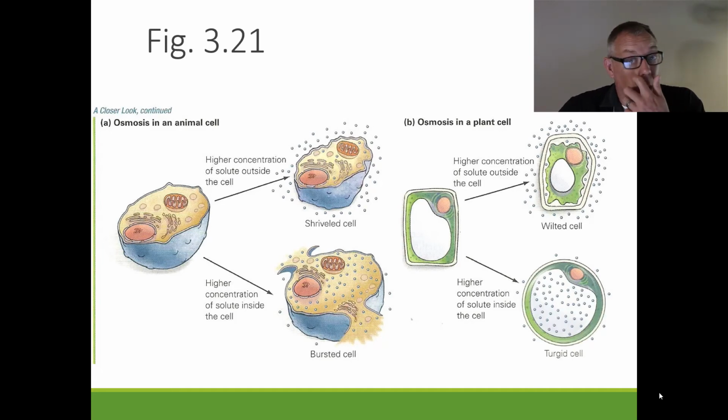And that's why when a plant is well watered, it can stand up and be rigid. Because every one of those cells has plenty of water, and the inside of the cell is hypertonic, so water is getting into the cell, and that cell is pushing against that cell wall, and all those cells are rigid. That makes the whole plant rigid. But if you don't water your plant, what happens?